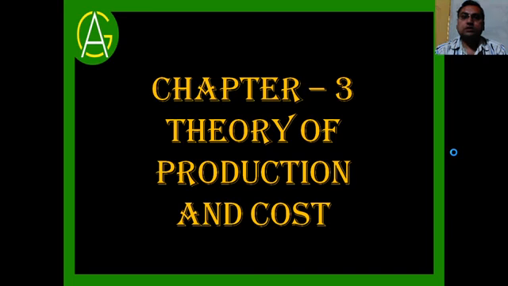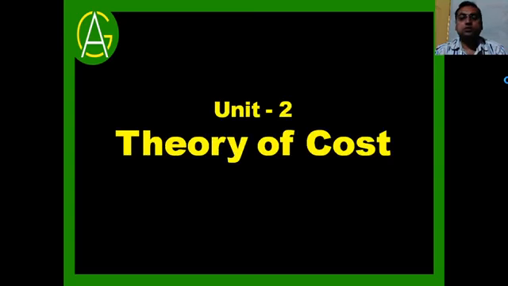Friends, you know that we are learning chapter number 3, that is theory of production and cost. Now in this session we are learning unit number 2, that is theory of cost.